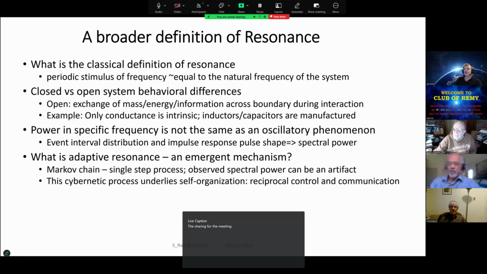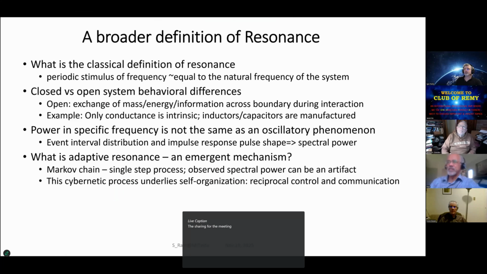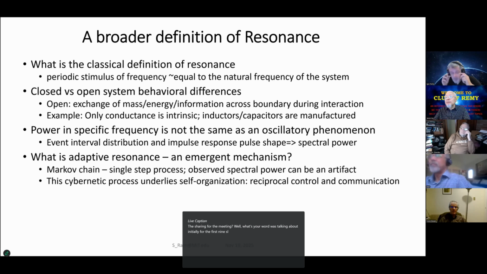I'm going to give you a broader definition of resonance. So what Siobhan was talking about initially for the first 9 slides was the classical definition of resonance, right? Which is we have a system with a mass, damper, and stiffness, or inductance, capacitance, resistance, and it's a second order system that has a natural frequency, and if the external excitation has a frequency that is matching this, then you have a resonance.